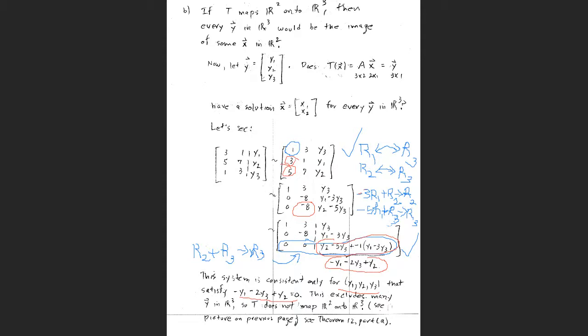Incidentally, what is this an equation of? What is -y1 minus 2y3 plus y2 equals 0? What is that an equation of? That's right, Nafani. It's an equation of a plane. It's an equation, and that previous plane, the span of those two column vectors, A1 and A2 on the previous page, that's a plane.